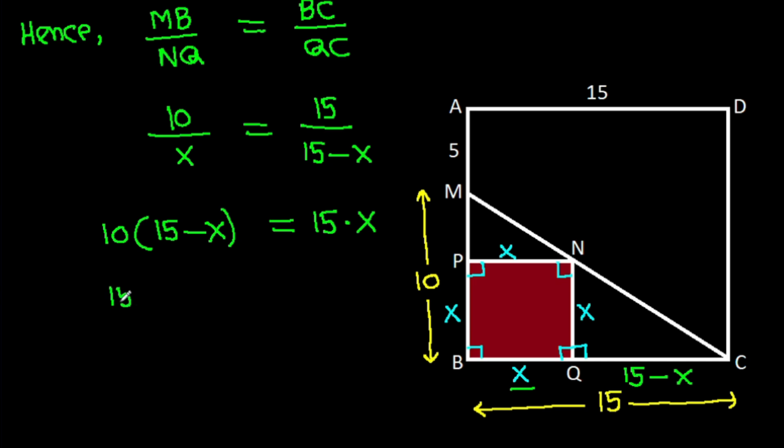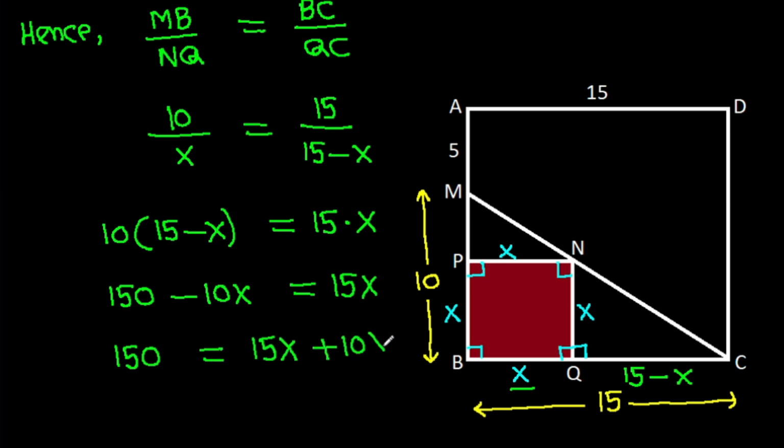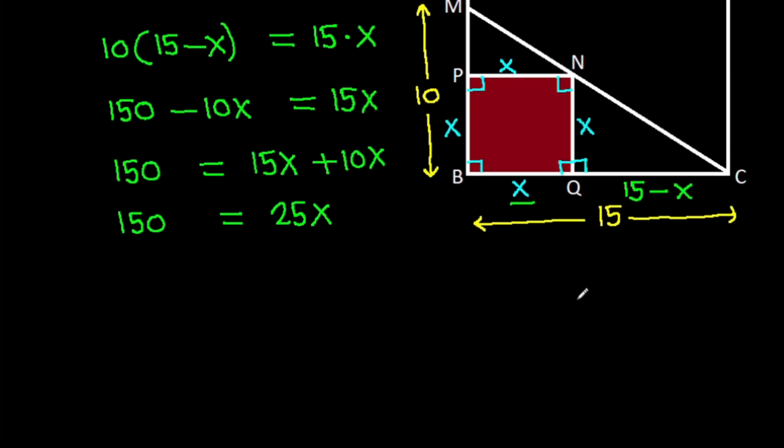So 150 minus 10x is equal to 15x, and 150 is 15x plus 10x, so 150 is 25x. So x will be 150 over 25, that will be 6.